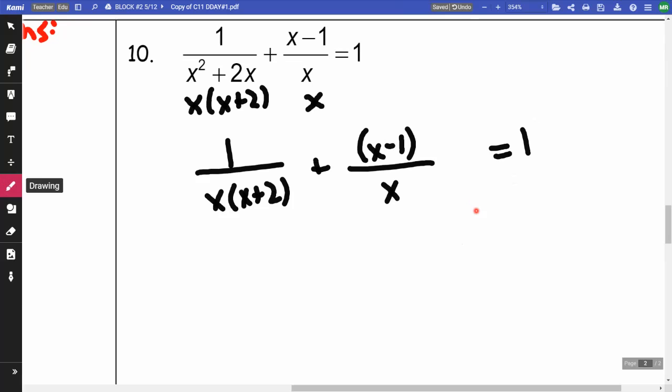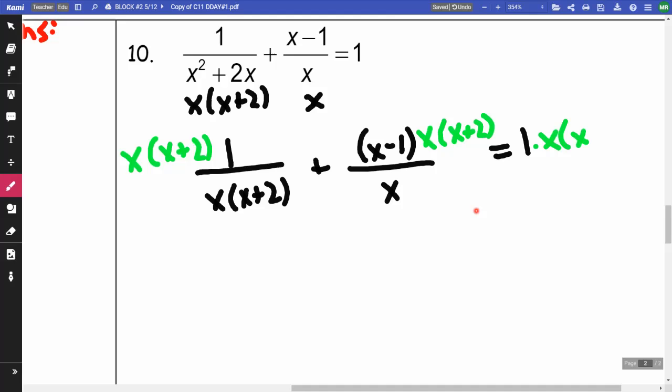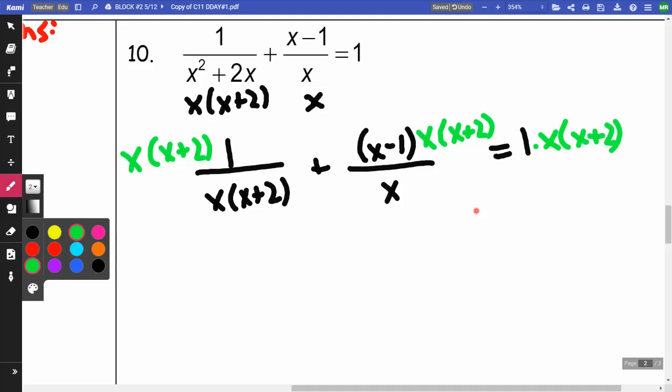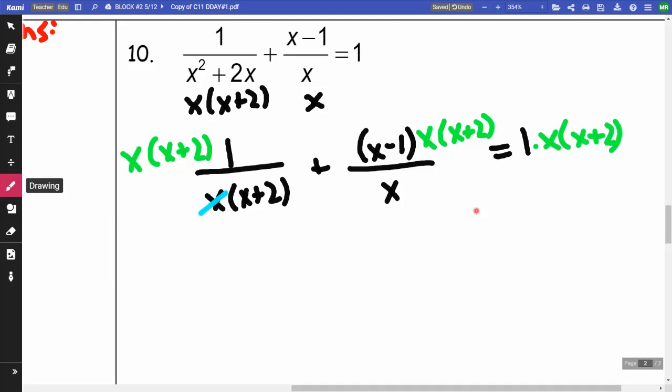And I need to get rid of an x plus 2 and an x. So I'm going to multiply everything by x times x plus 2, x times x plus 2, x times x plus 2. And I can simplify this x and this x and this x plus 2 and this x plus 2.